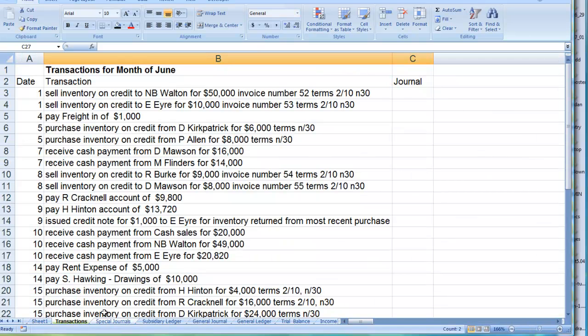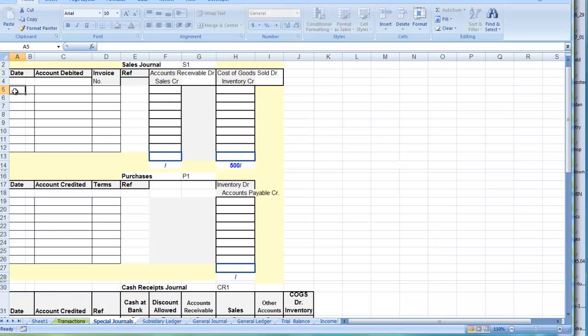We do this. We have a transaction, sale NB Walton 50,000. So we go June 1, account debit at NB Walton, invoice number 52, debit accounts receivable, credit sales 50,000, cost of goods sold and inventory 30,000.